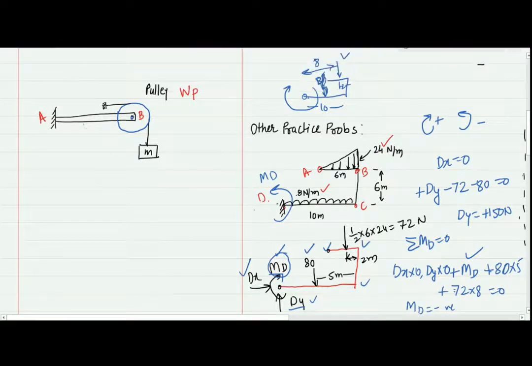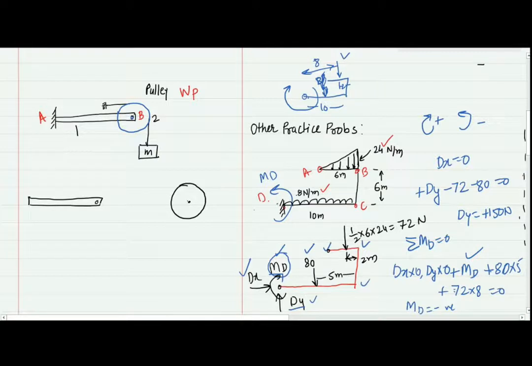And here we must understand that in this system we have two components. One is this bar, the second one is the pulley. So we have to make a free body diagram for both the components. When I am separating point B, the point B will be on the bar as well as on the pulley.